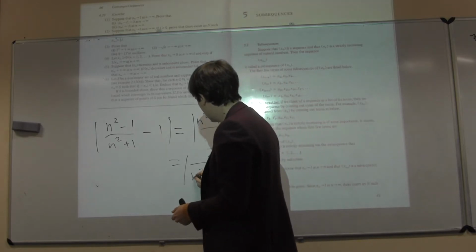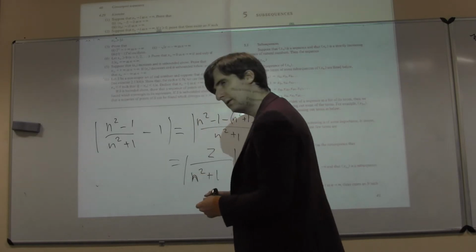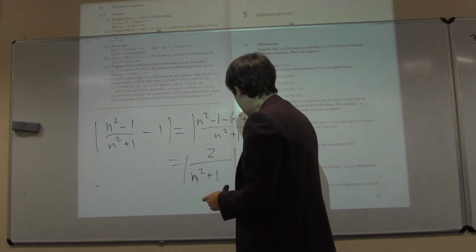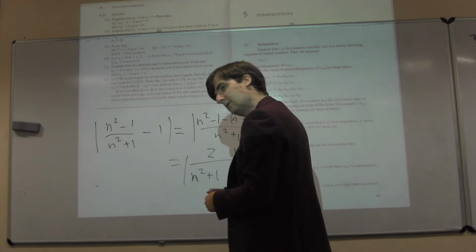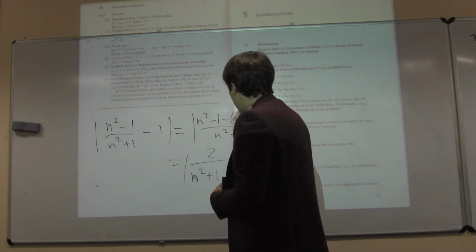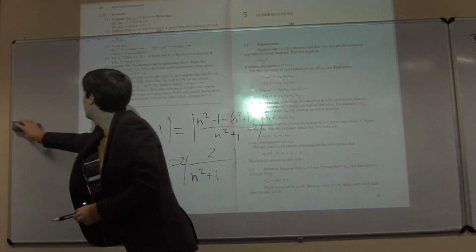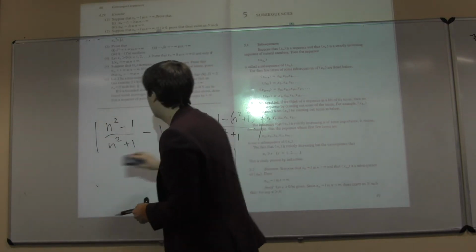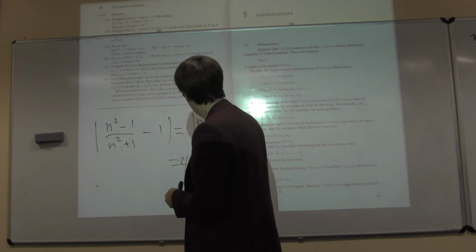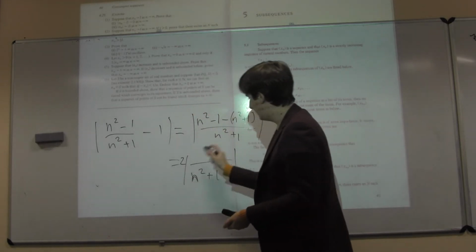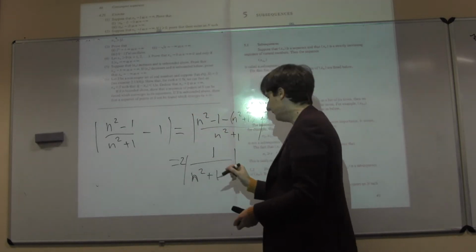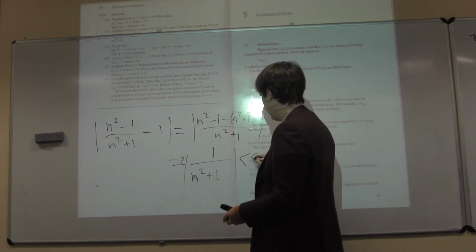So now we have to care about the fraction 1 over n squared plus 1, right? Yeah, you can put a 2 outside if you want. But what you need to do is bound this, right? You want this to be less than epsilon.